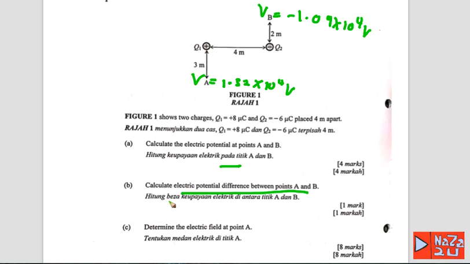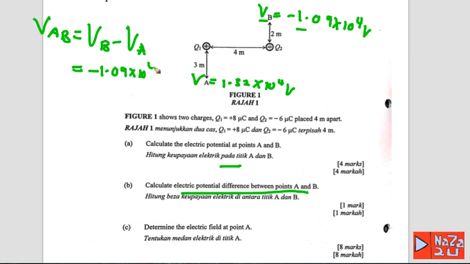So meaning the potential difference between A and B, or VAB, is equal to VB minus VA, and VB here is equal to -1.09 exponent 4 minus VA, which is 1.32 exponent 4.